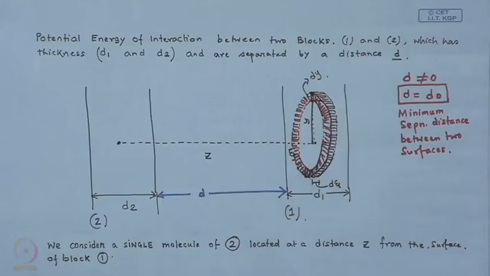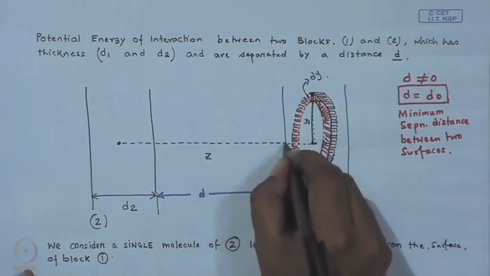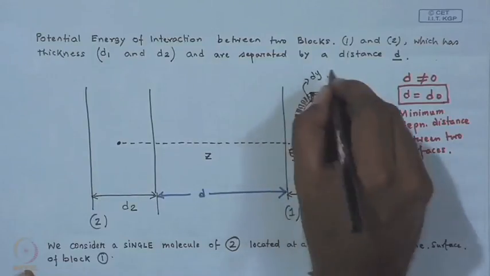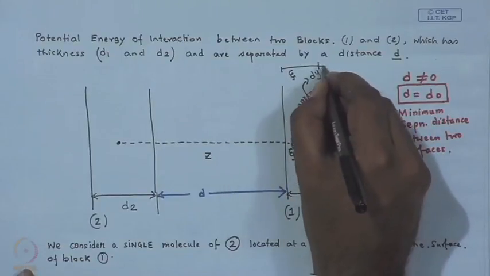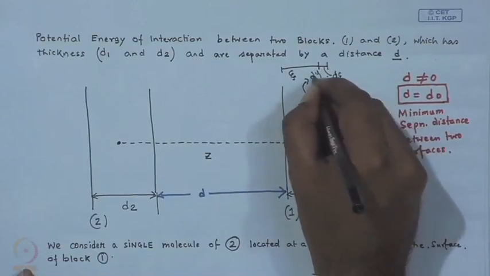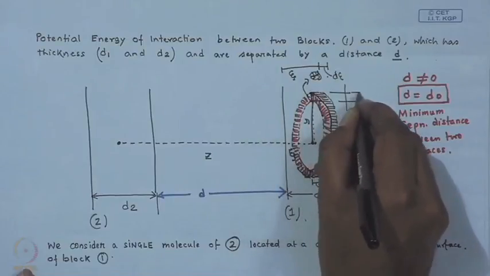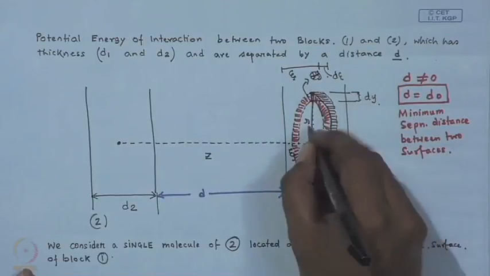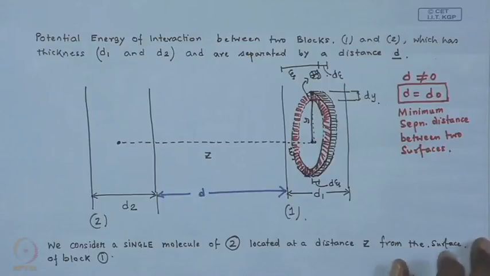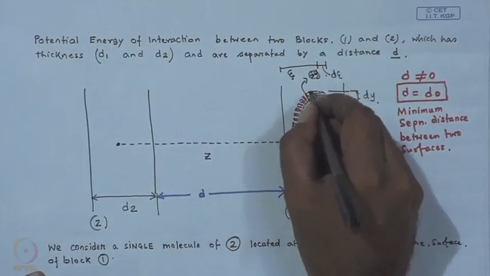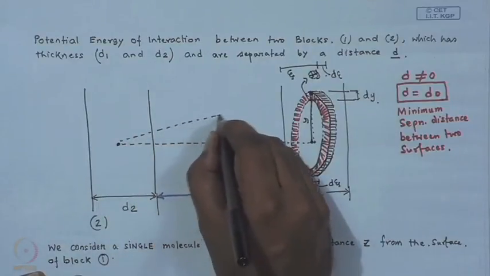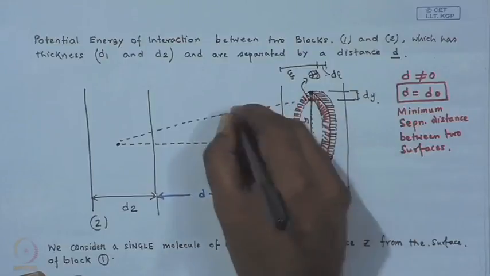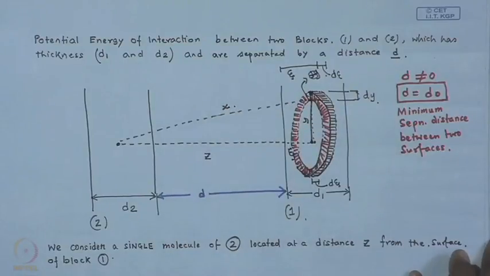So, this is dy, this is dz, this is an annular ring which we have considered. This is the center. The center is at a distance zeta away from the surface, the width is dz, the thickness is del y, and this is y. Okay. We will be eventually doing a construction later. So, I will just attach this line, and this we mark as the distance x.